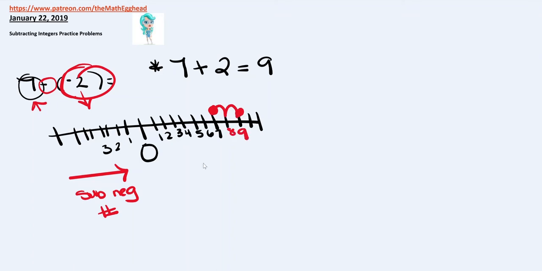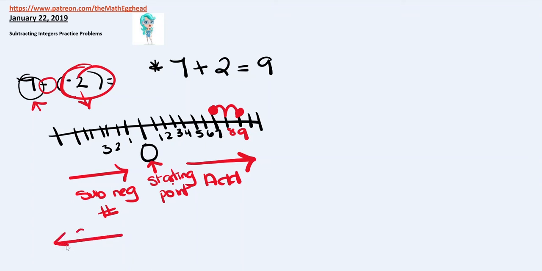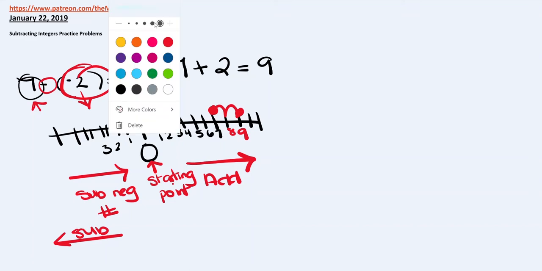Now, just a quick refresher here. When you're adding, you're usually going to the right of 0, because remember, 0 is our starting point. When you're subtracting, you're usually going to the left.